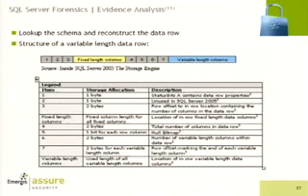Again, looking at the schema as we did earlier, it's the same order table. To reconstruct the data row, we need to understand the structure of the variable length data row. I don't want to go into too much detail here, but the gray bits are overhead. The areas I want to focus on are the fixed length columns, which are highlighted in yellow. All of the fixed length columns are stored in the order of the column order results that we got earlier.